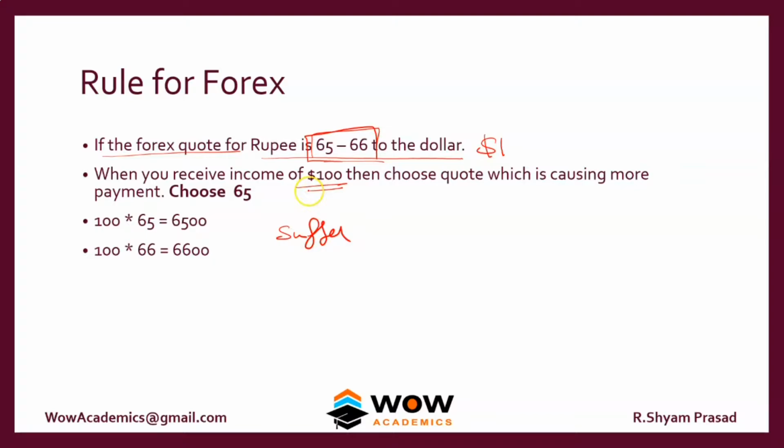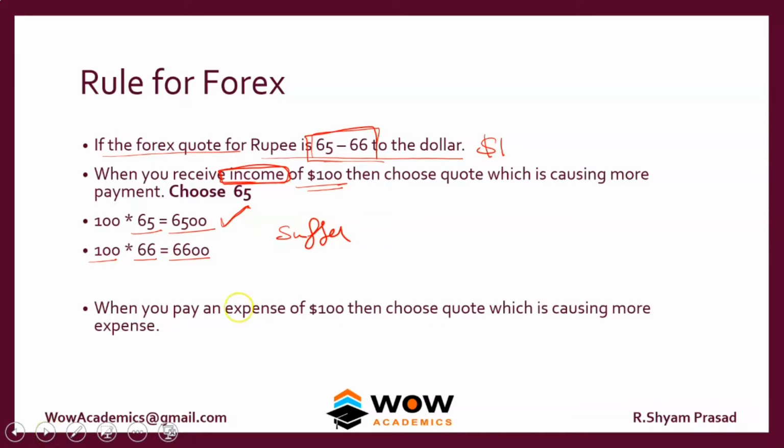So you have $100 as an income in your pocket and you go to a bank. If you convert it at 65, you will get 6,500. If you convert the $100 at 66, you will get 6,600. In which of these do you suffer a lot? This one. So in terms of an income, you should always get the lower amount, you should always suffer. That is the rule.